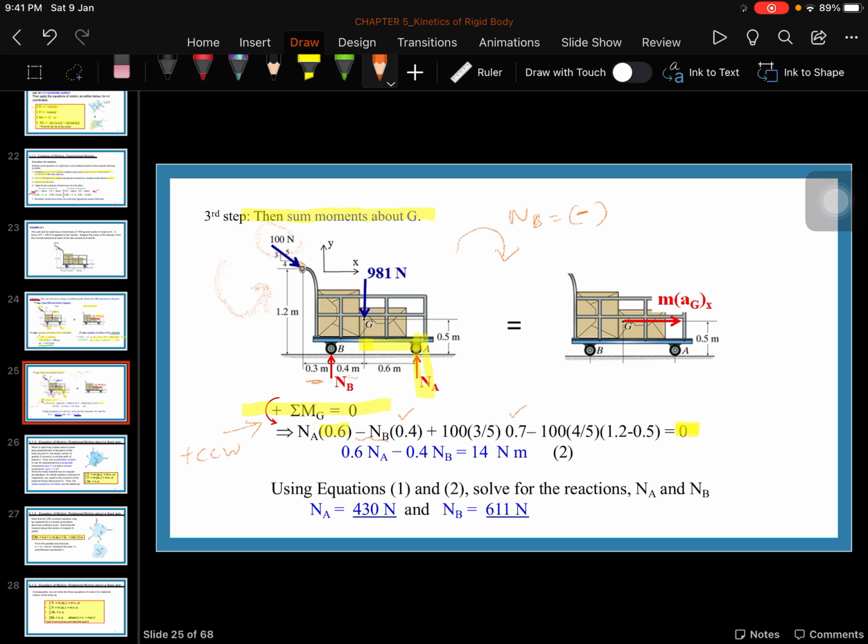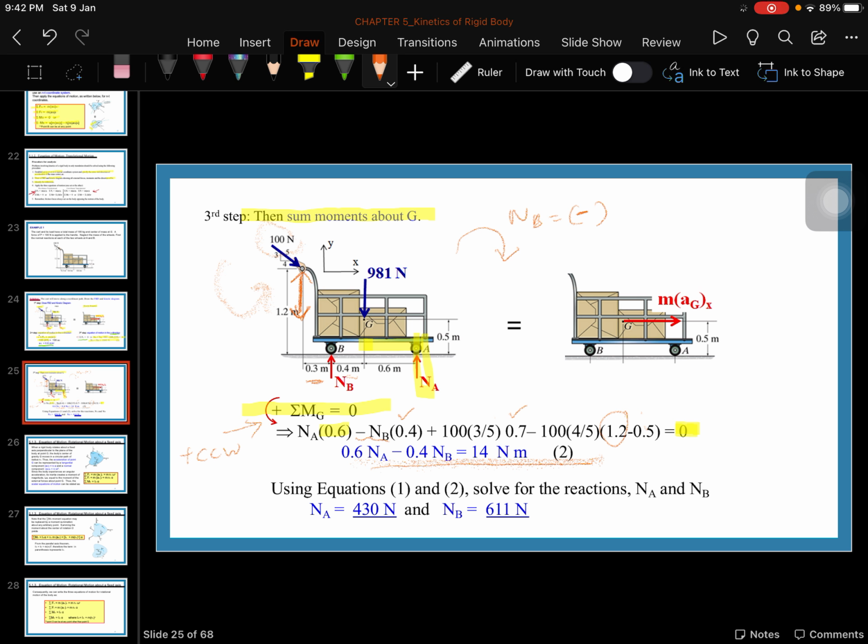And next, minus 100 times 4/5 times 1.2 minus 0.5, because we want this d from the force to the center at G. So you get this new equation, and then solve simultaneously with the previous equation.